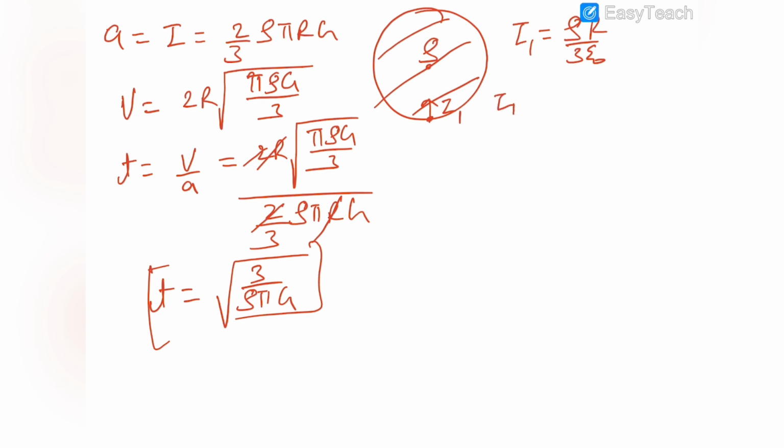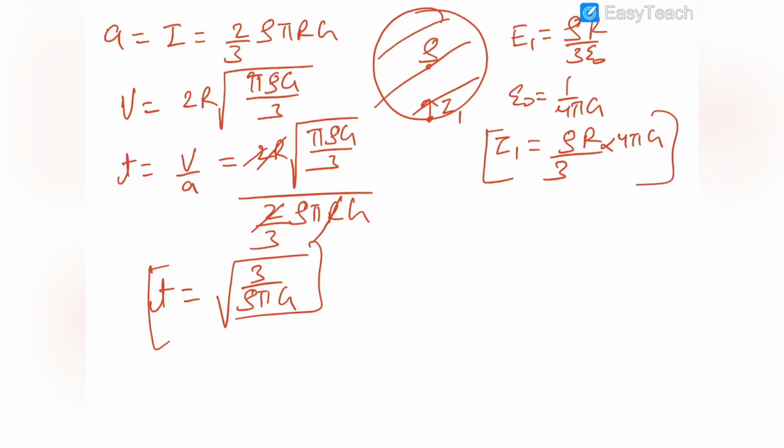So we can again use the analogy. This is electric field, and I can use epsilon naught as 1 upon 4 pi g. So let us write it as E. So I1 will be rho r upon 3 into 4 pi g. So this is I1.